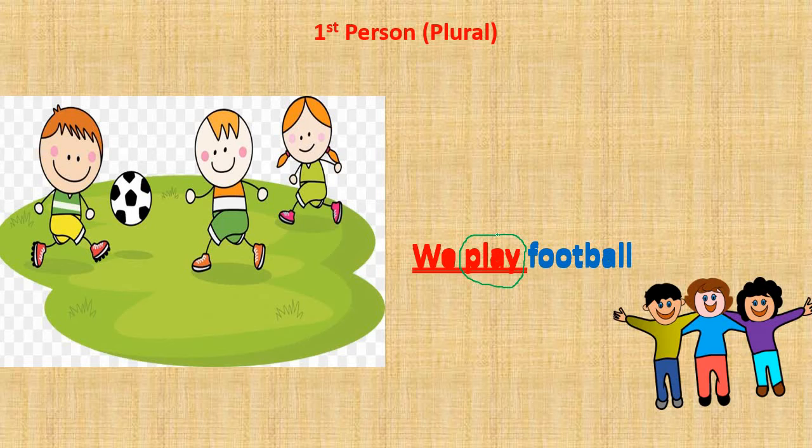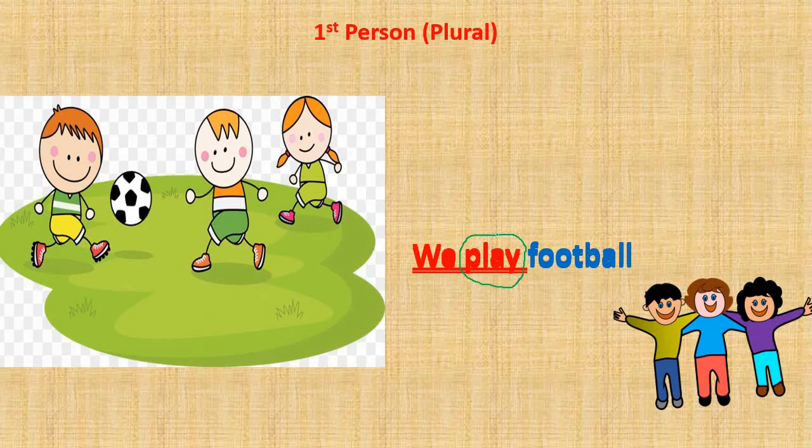Play is again in the main form, meaning the form of the verb is not changed. There is no change in this form of the verb, and that is why it is called main form. So we can see that for first person number we use the main form of the action verb.